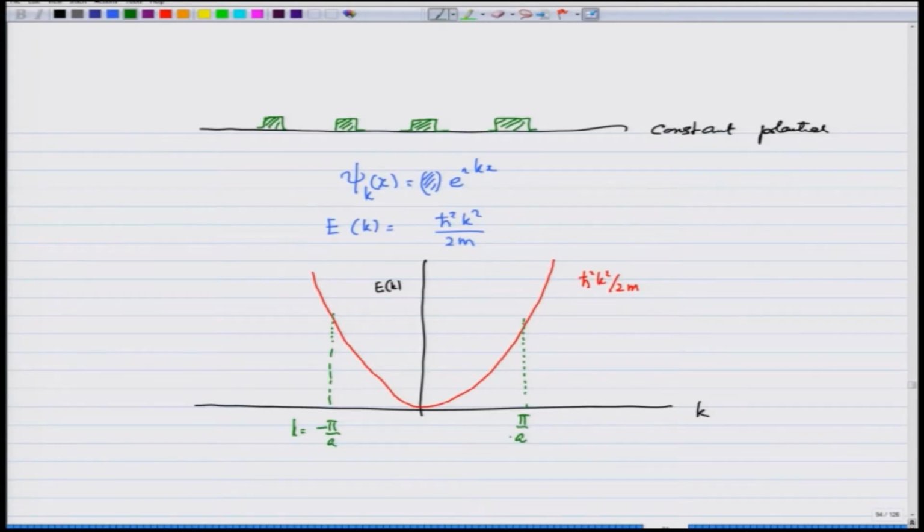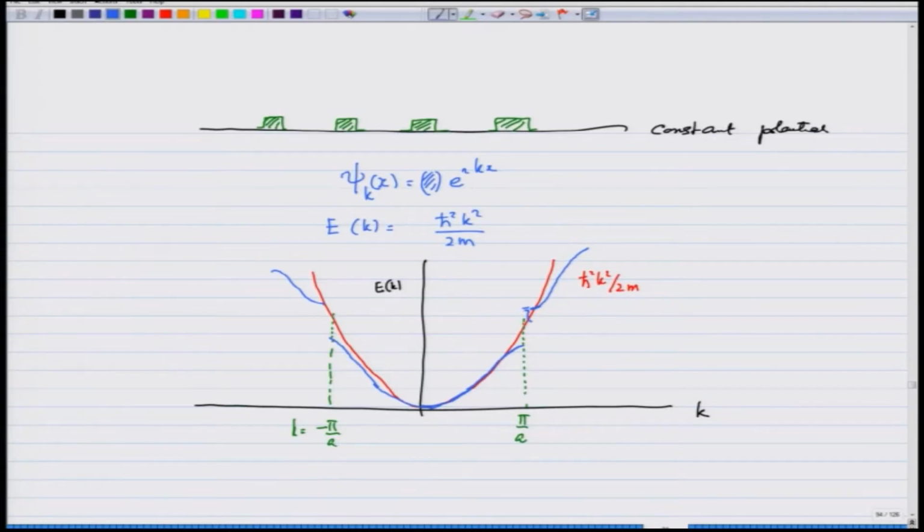Now, what happens when you introduce this potential is that the energy diagram becomes like the parabola initially, and then near pi by a it changes, and after this again there is a change.